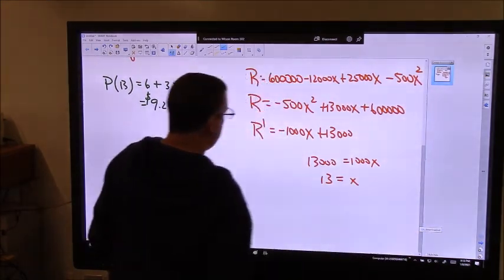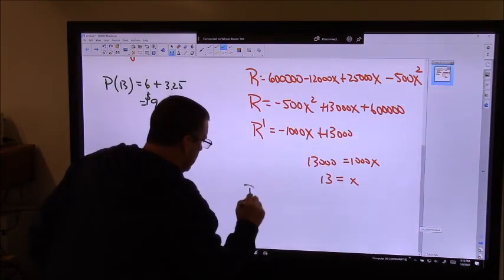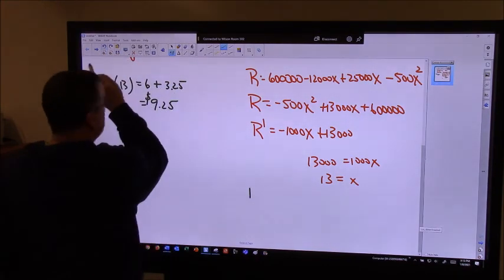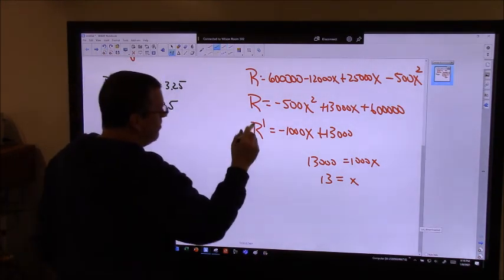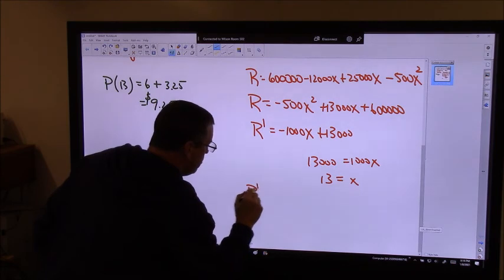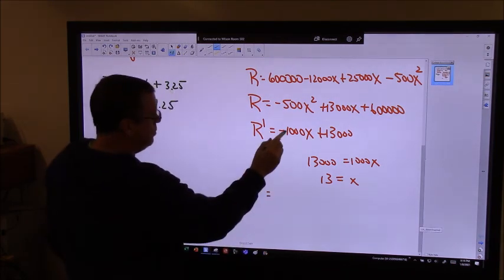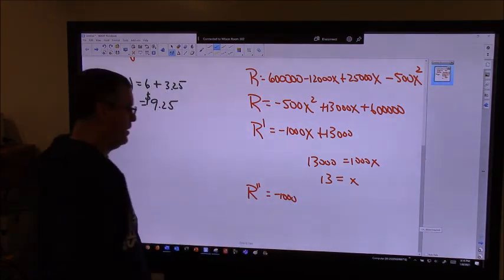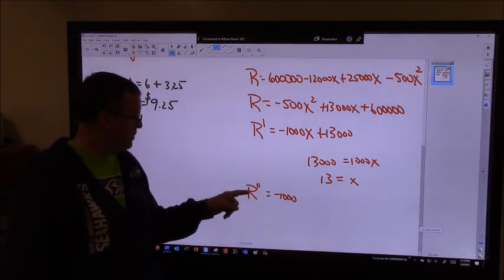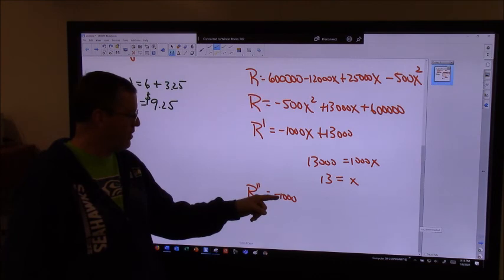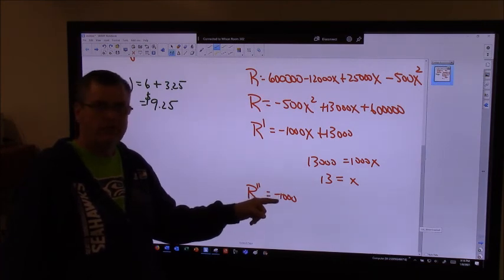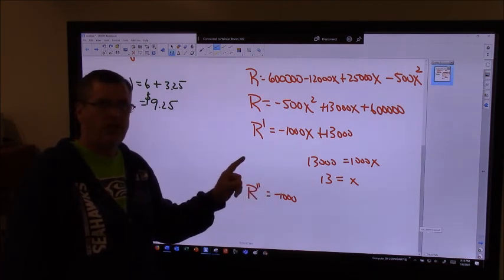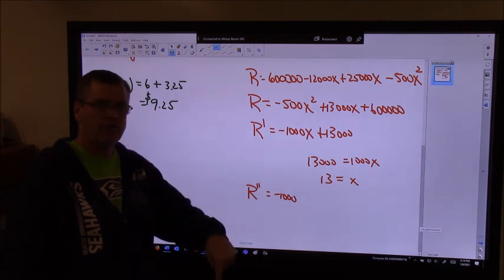And so what I might do is go back to this and say R double prime is equal to a negative 1,000. And so that means that my second derivative is always negative no matter what, which means it's concave down.